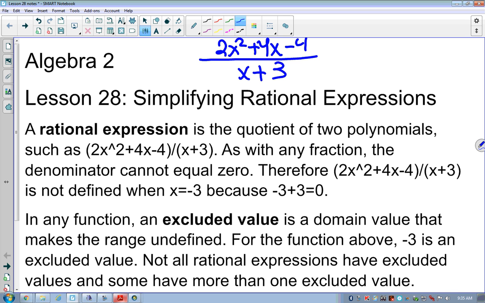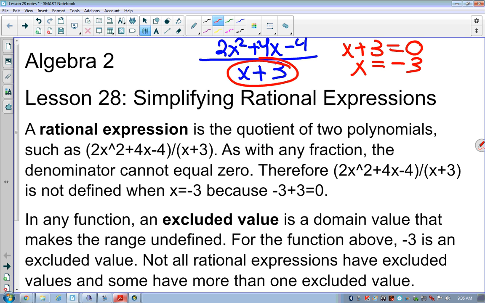So what you'll notice here is that this becomes undefined when x equals -3. And the reason why is because we're going to take our denominator and set it equal to 0 to find out what the 0 is. So we would take x plus 3 equals 0, and we would subtract the 3, so we'd see x equals -3.